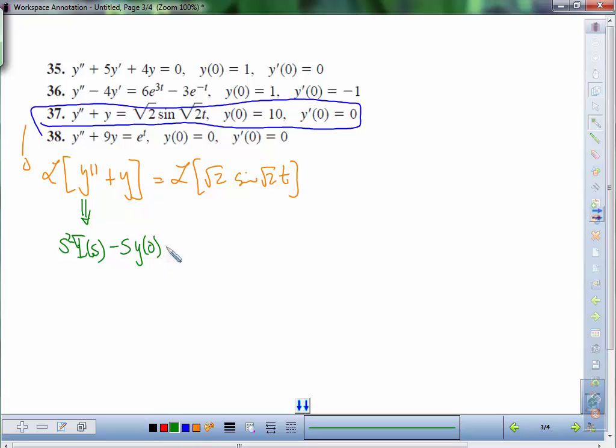Y of 0 minus, and then S to the 0 power, which is 1, times y prime of 0. And then there's a plus in between. It's linear, so we can do it one by one, piece by piece. And the Laplace transformation of y is just capital Y.